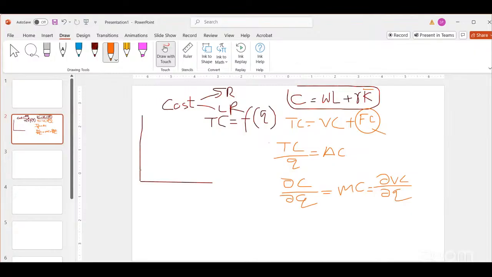Now, let's say you have a fixed cost. This is the short run situation. Let's say 10 units, 10 millions or whatever the fixed cost. Now the total cost starts with this point.